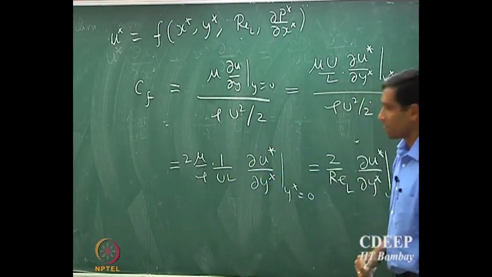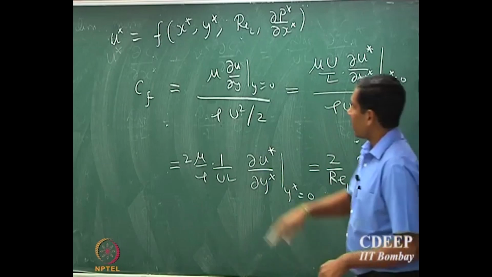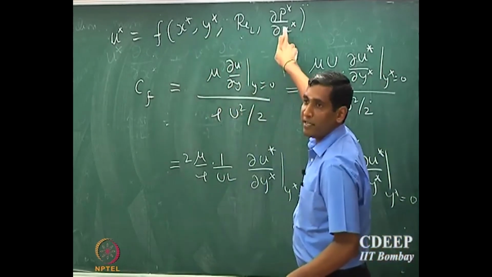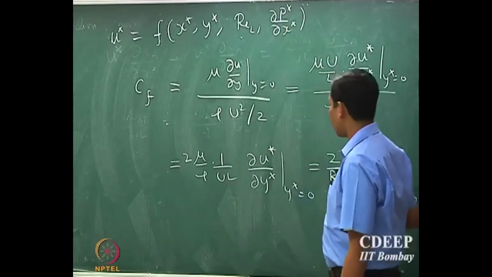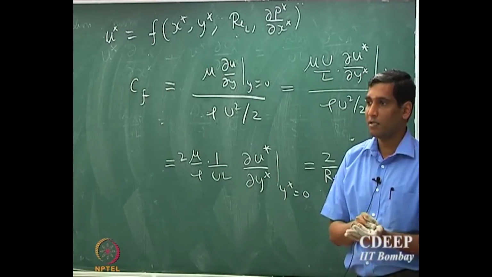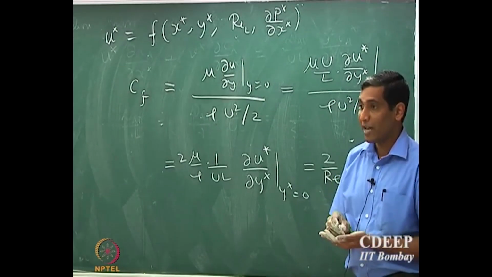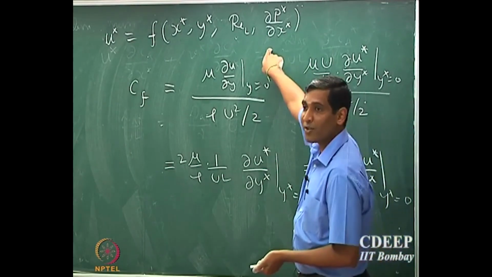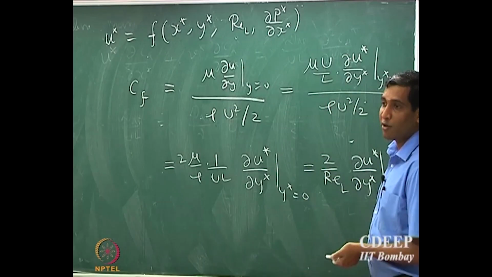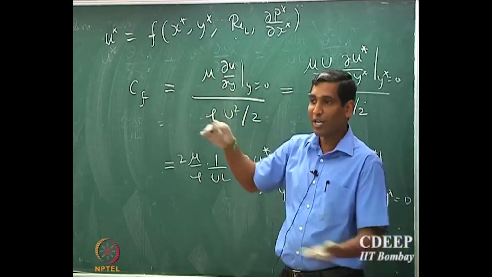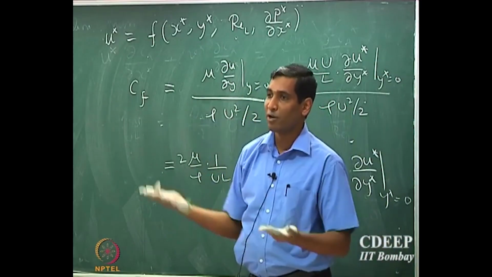Okay. So if u star is a function of x star, y star, Reynolds number and dp star by dx star, what about Cf? Cf will be the same thing, evaluated at y star equal to 0. So remember that you take the derivative of this and evaluate at y star equal to 0. So the dependence on y star is gone because you are evaluating at y star equal to 0.